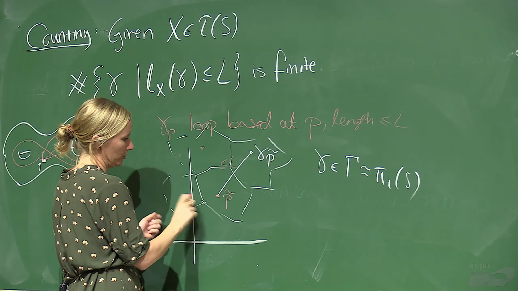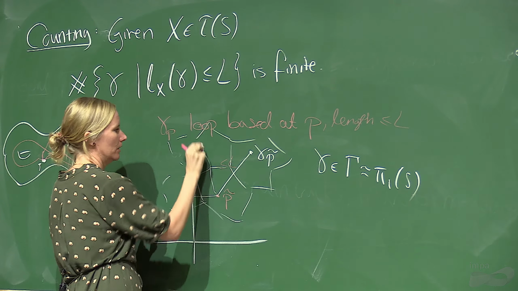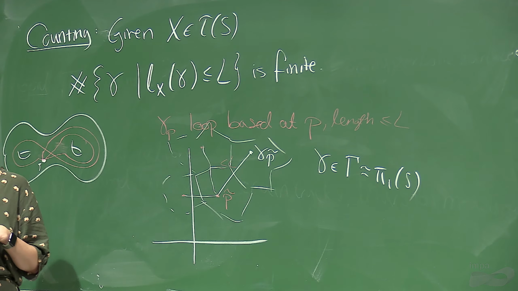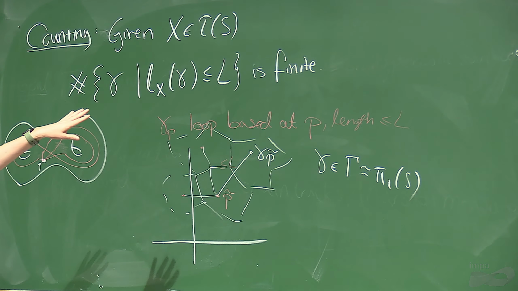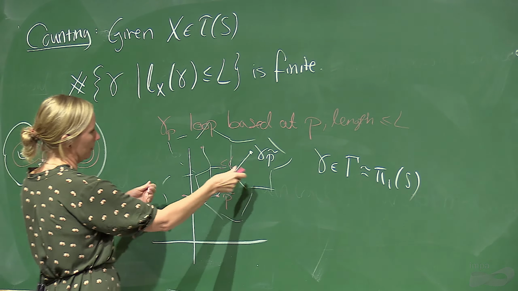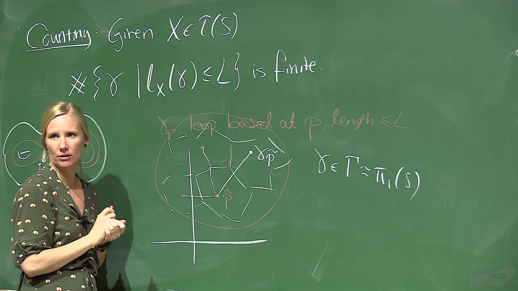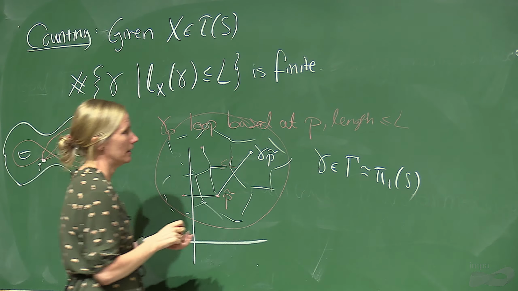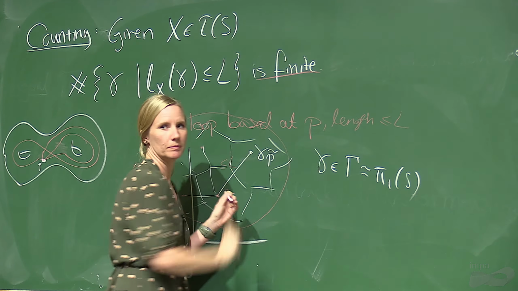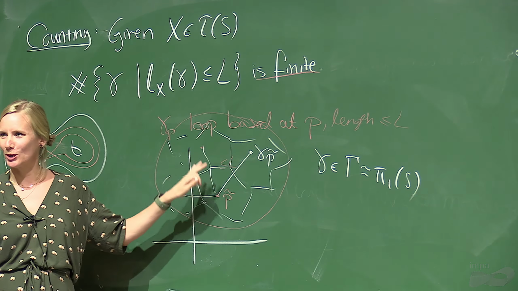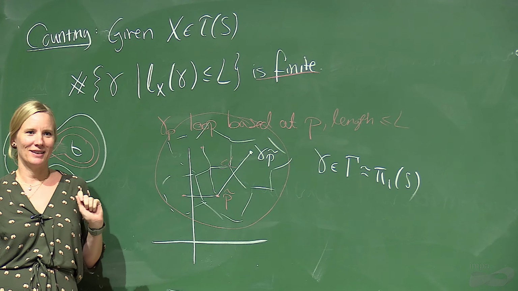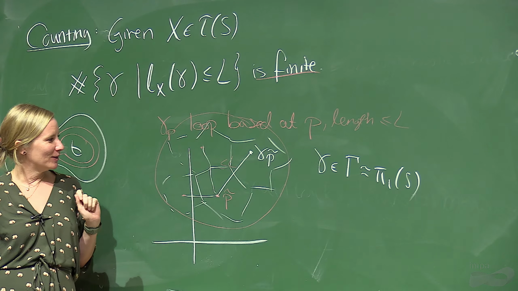So for each fundamental domain, we get exactly one loop based at p. And if I restrict the length of these, I also restrict the number of fundamental domains that are there. So that's why it should be finite. Sorry, I'm going to do a lot of proofs by pictures, so please ask me questions if you have any.